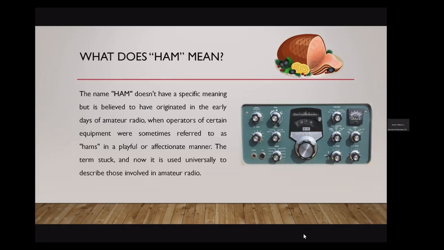The name ham doesn't have a specific meaning, but is believed to have originated in the early days of amateur radio, when operators of certain equipment were sometimes referred to as hams in a playful or affectionate manner. The term stuck, and now it is used universally to describe those involved in amateur radio.